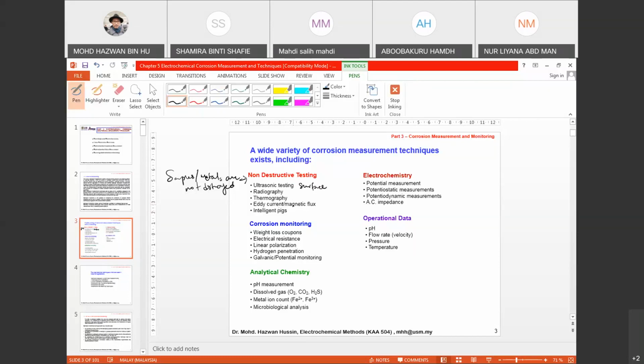Thermography is also another thing. It gives you the surface temperature of your metals. Eddy current or magnetic flux, as well as intelligent pigs. So all these are basically known to be surface analysis methods.